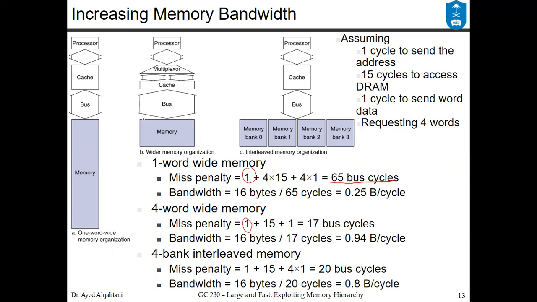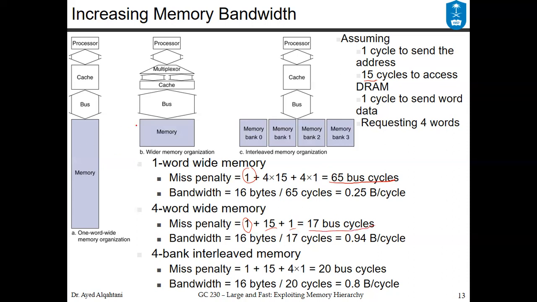And now, since we have a wide memory, if we assume that this wide memory is 4 words wide, we can send 4 of them together at the same time, and they will take 15 cycles, plus 1 cycle to send the word data.